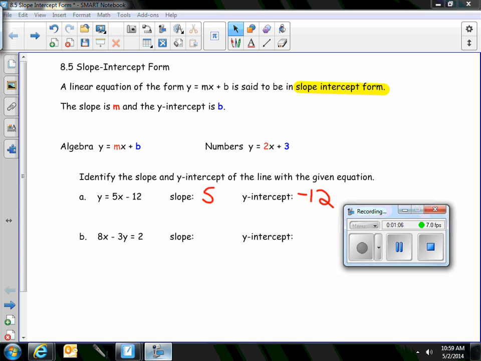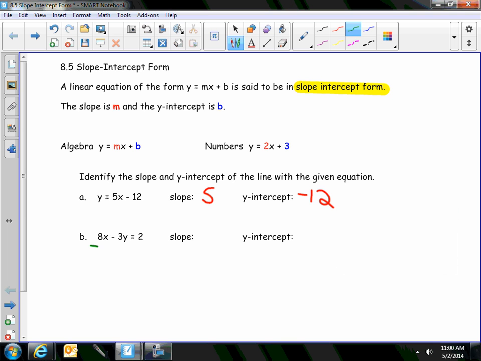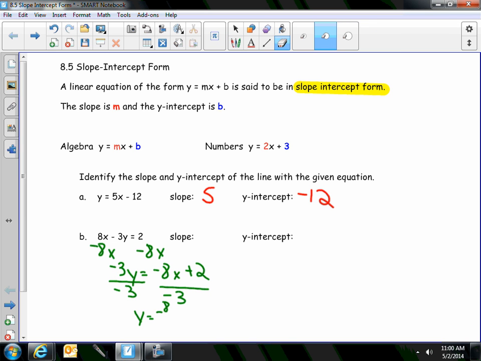Now, you'll notice in B, we're going to need to put it in slope-intercept form. Dividing each side by negative 3.